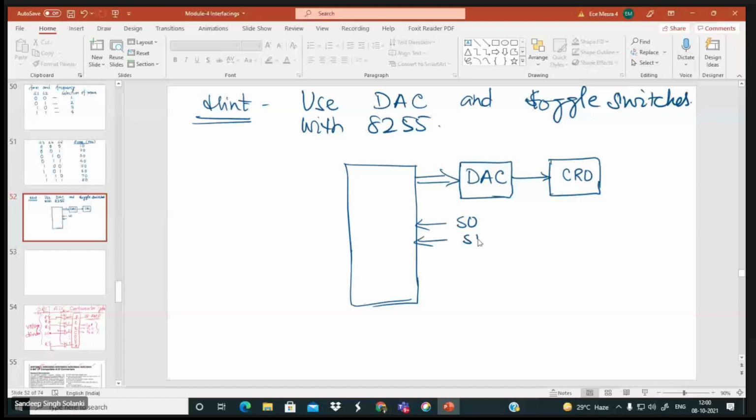Then three switches, you can keep on PC2, PC3, PC4, PC5.